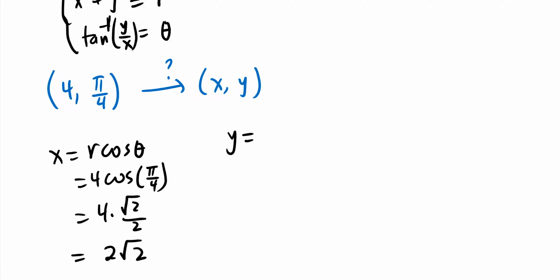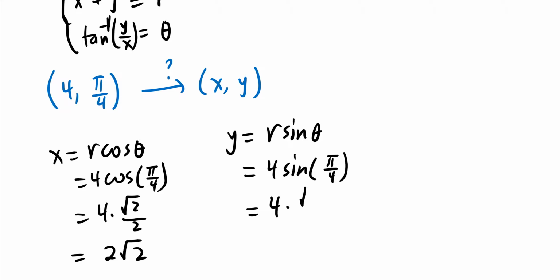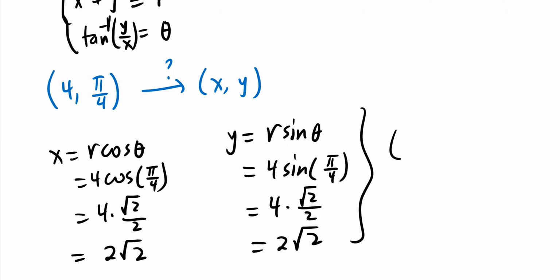For the y, it's r sine theta, 4 times square root of 2 over 2, so the answer is 2 square root of 2. So the point 4 comma pi over 4 is the same as 2 square root of 2 comma 2 square root of 2.